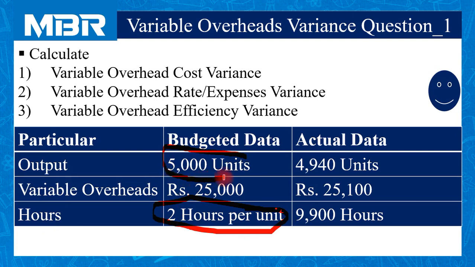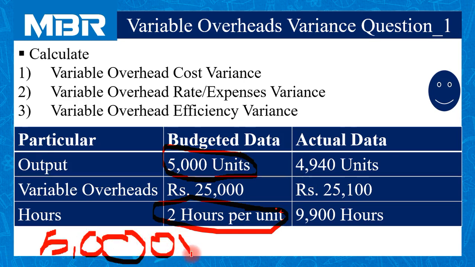Budgeted output of the company is 5,000 units. It means for the manufacturing of 5,000 units at the rate of 2 hours per unit, the company is in need of total budgeted hours of 10,000.